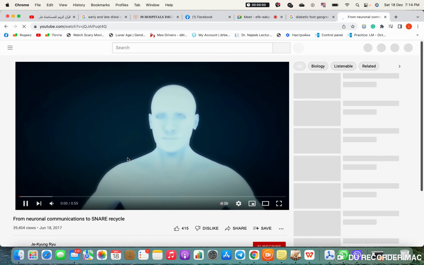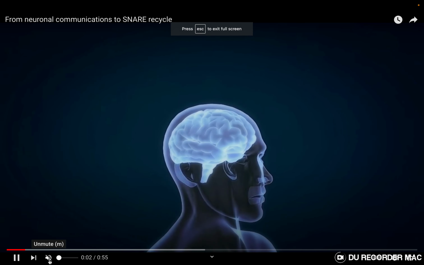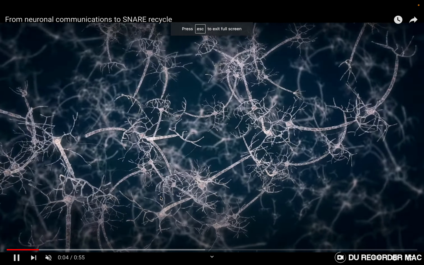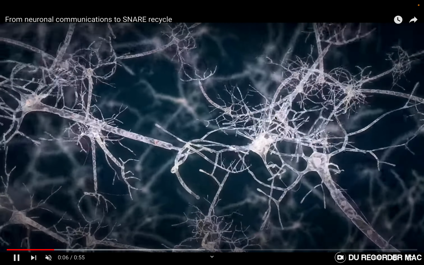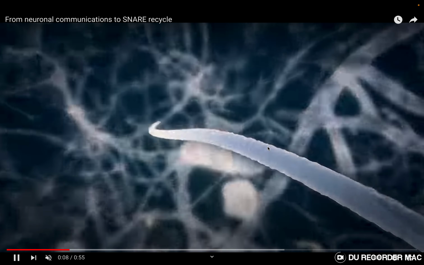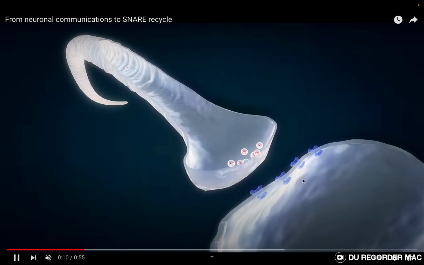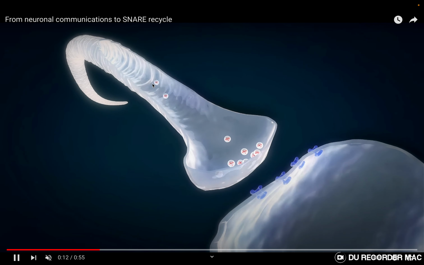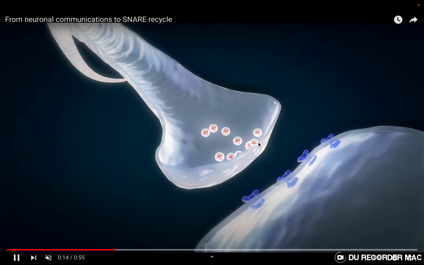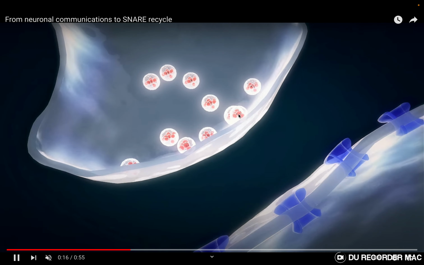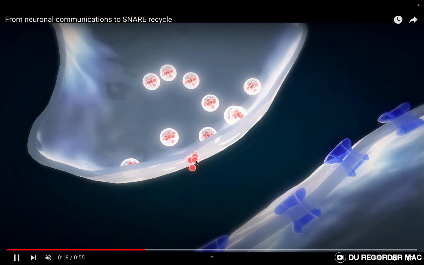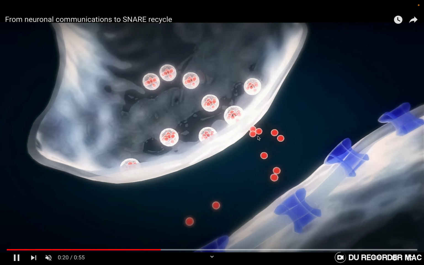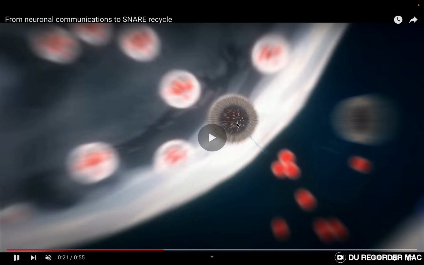So let's take a quick look at this. You can see here, you have all of your neurons. Let's look for a synapse. Okay, here is a synapse. Notice, neurotransmitters are going to the presynaptic cleft. Let's go closer. Now the presynaptic cleft is pushing the neurotransmitter to the outside.